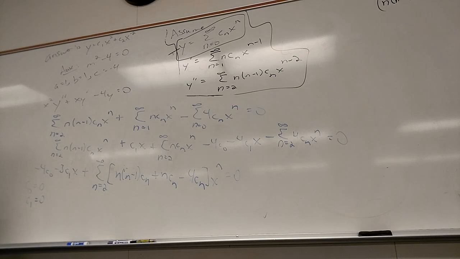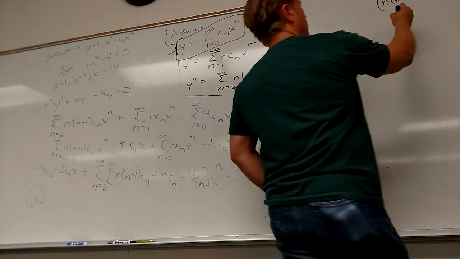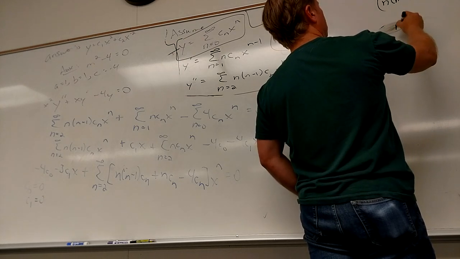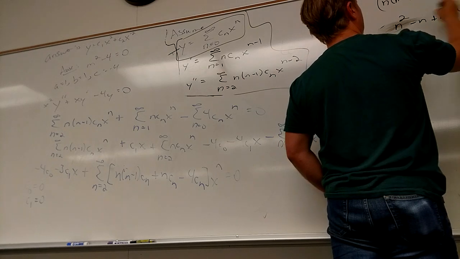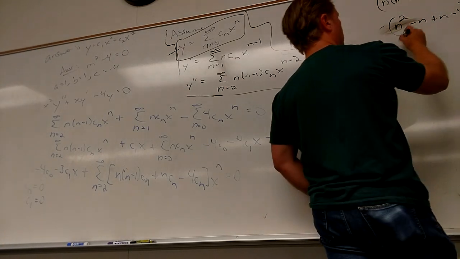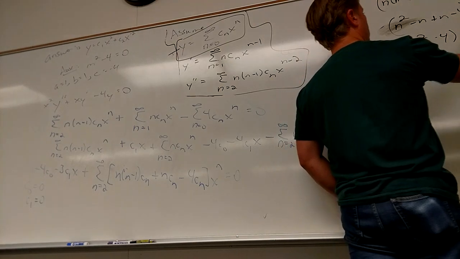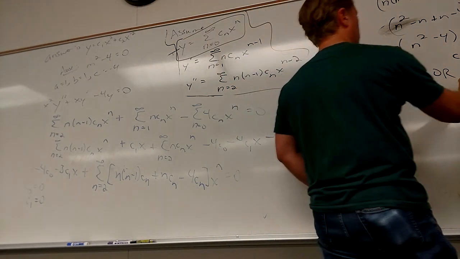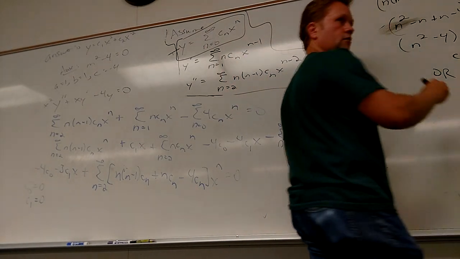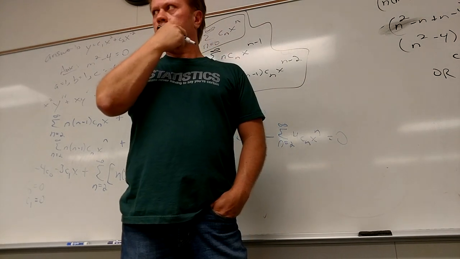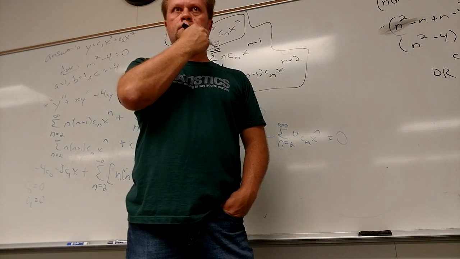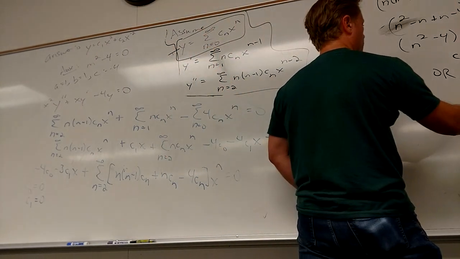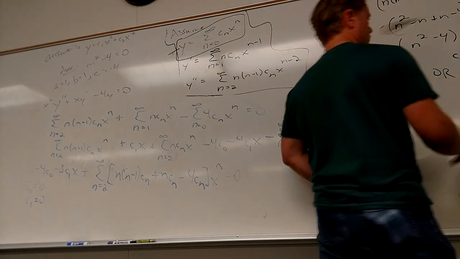So I get n squared minus n plus n minus 4 times Cn equals 0. I get n squared minus 4 times Cn equals 0. So either Cn is 0 or n squared minus 4 equals 0. I kind of screwed us up, but that's all right. So I get n equals plus or minus 2.